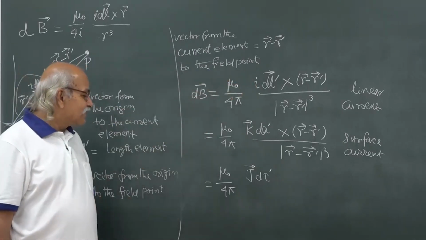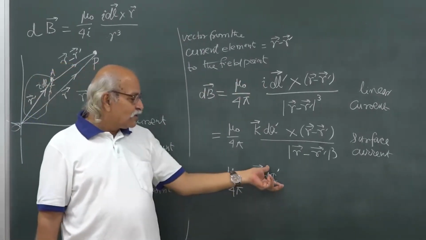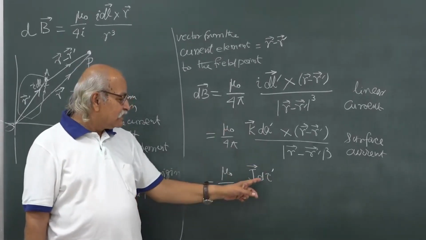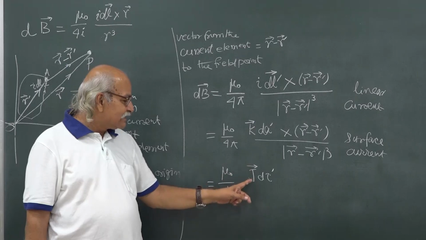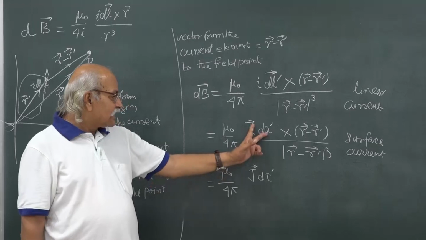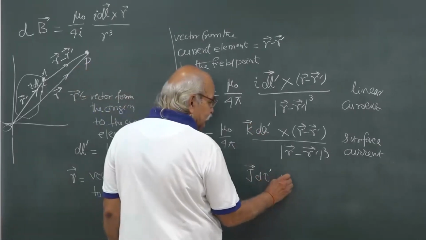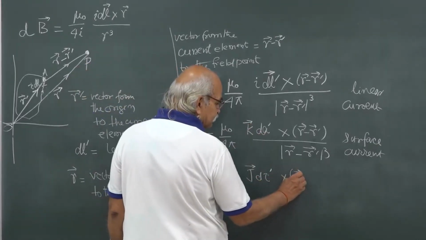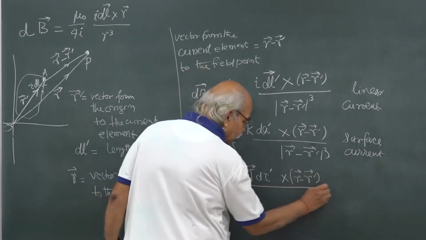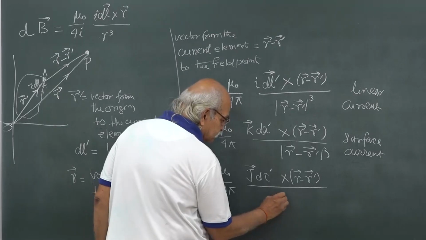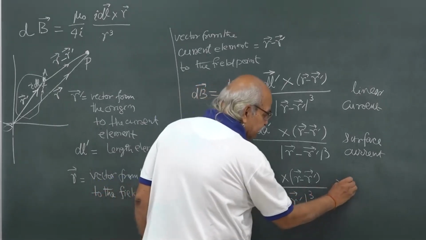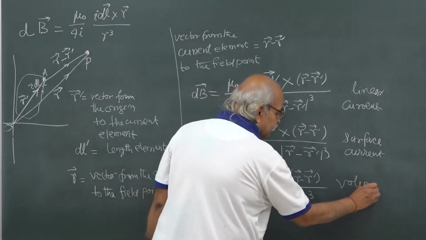So, you take your small volume at r prime position, and then see what is the volume current density there, which we write as J d tau, and the remaining thing will be the same. This is if you have volume current.